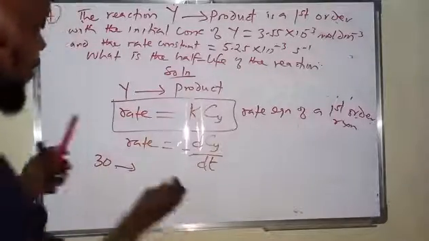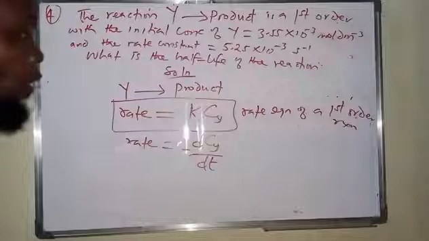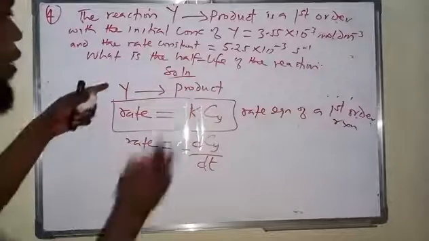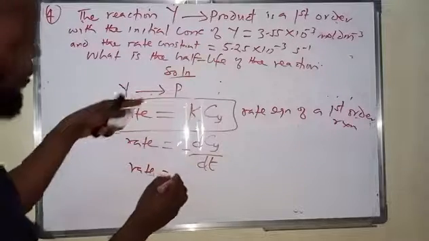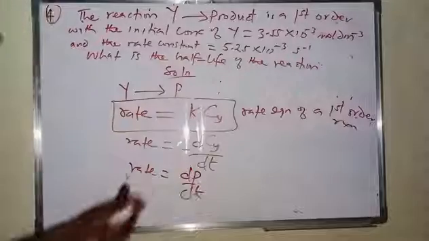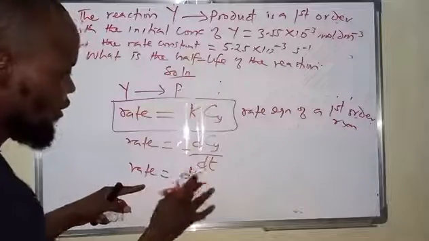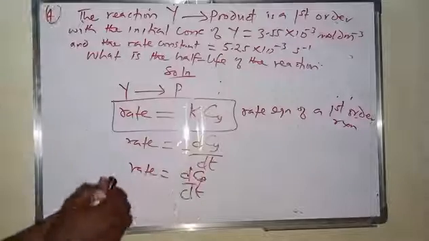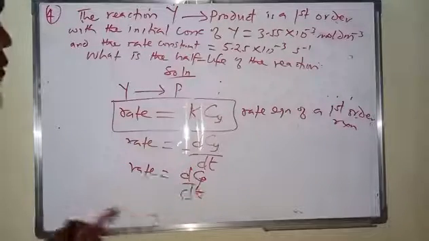So that's what the negative stands for. If you want to write this rate in terms of the product, we would just write dCp/dt, the change in the concentration of the product over time, without the negative.